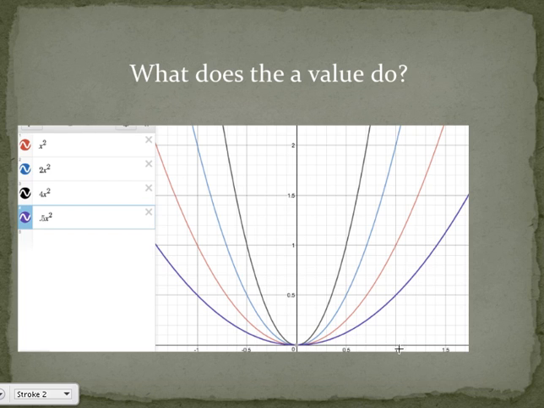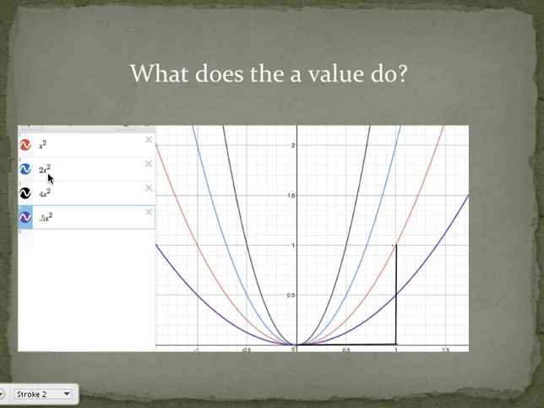Okay. So I want you to notice the scale down here. This is 0, this is 0.5, and this is 1. So let's look at the red graph. And I want for you to notice that from the vertex, I went to the right 1 and then up 1. And that is how I know that my A value is 1.